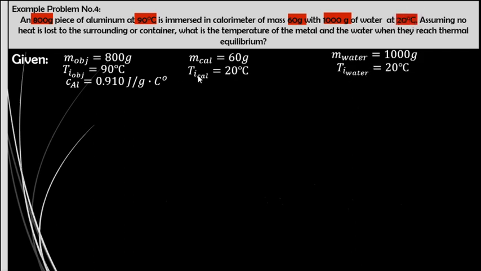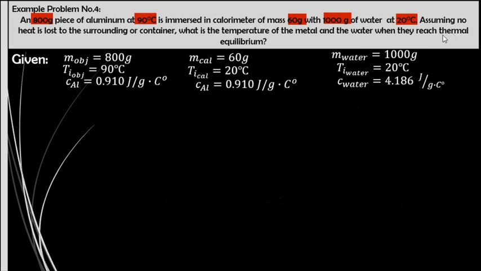So the initial temperature of the calorimeter and water are the same, and it is 20 degrees Celsius. Since our calorimeter is made up of aluminum, we will use C of aluminum for our calorimeter, and also we will be using C of water, which is 4.186 joule per gram times Celsius degree.